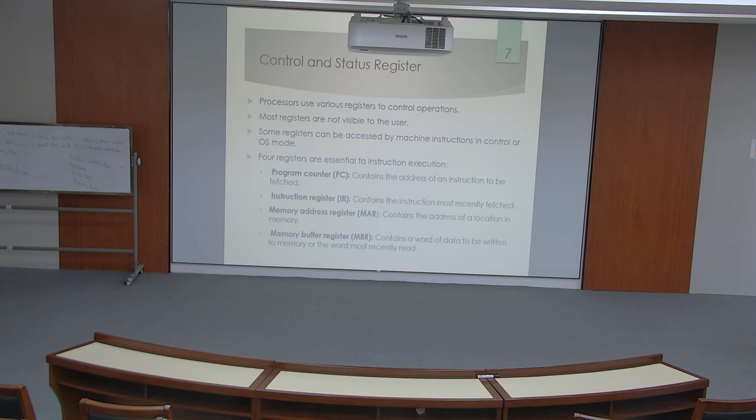Now we have MBR, memory buffer register, which contains a word of data to be written to the memory. This acts as a buffer between the processor and the memory. So we have these 4 important registers for instruction execution: program counter, instruction register, memory address register, and memory buffer register.